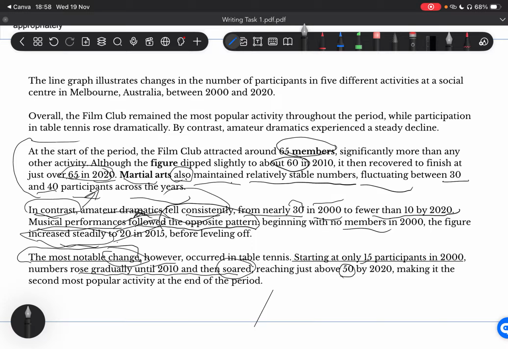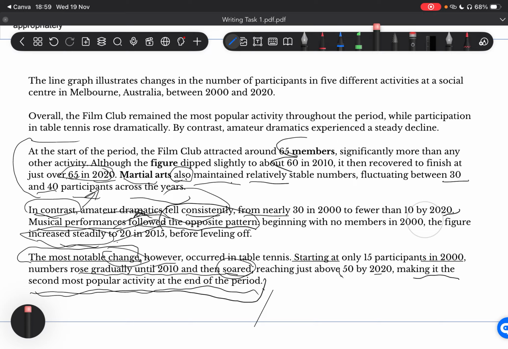Imagine, from 15 to 50, it's a lot. So that's soared, just above 50 by 2020, making it the second most popular activity at the end of the period. Well, we are not just describing, we are also drawing a conclusion, like what was the end result. So this is how you should write your report.